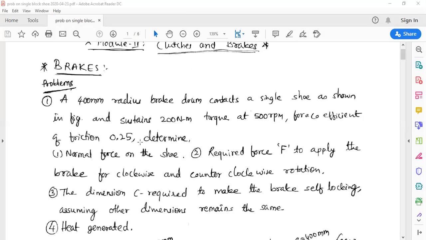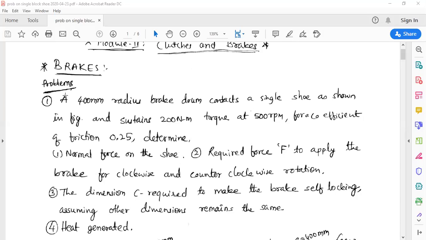Again, in this third case also, the tangential force acts towards the fulcrum point or away from it. Now, considering all those three concepts, let us solve some problems on the single block brake, or single shoe brake.